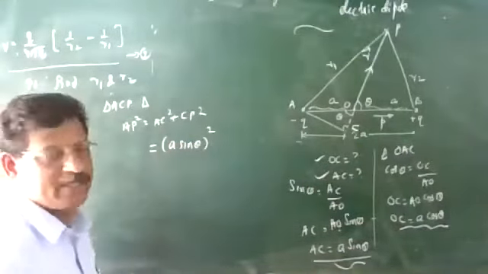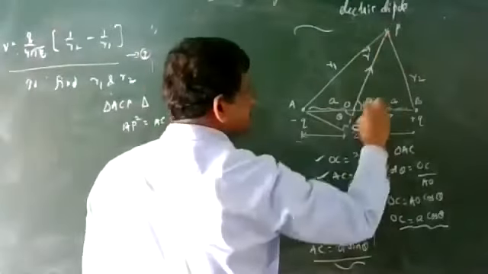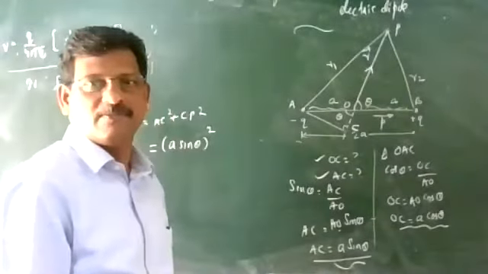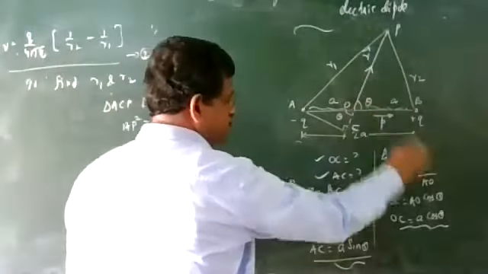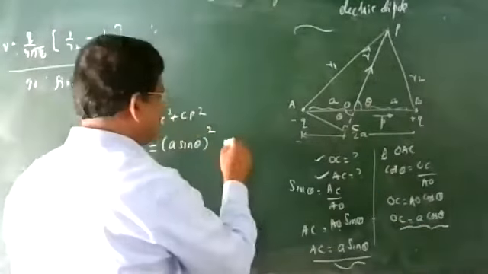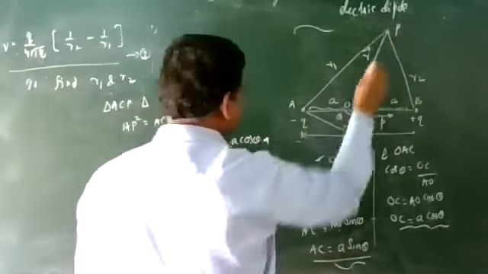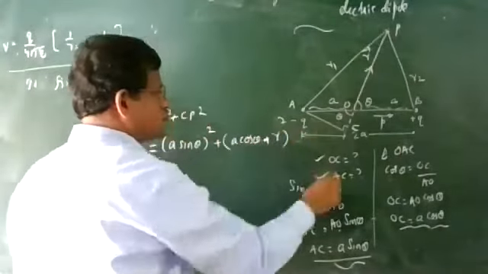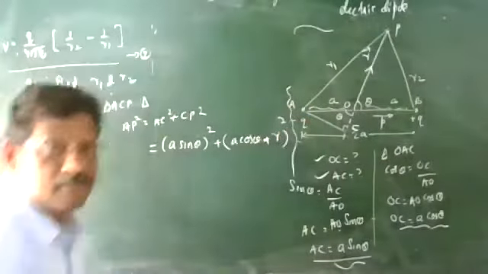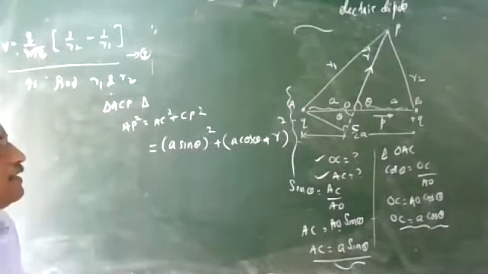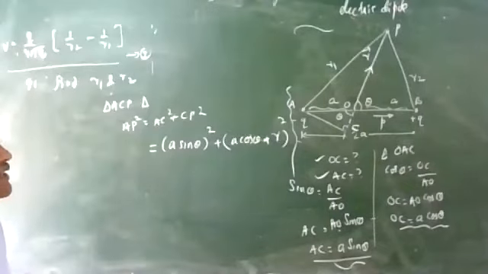What is CP square? CP, from here to here, is CO plus OP. CO is the same as a cos theta, and OP stands for R. So AC square is a square sin square theta, plus CP square, which is a cos theta plus R whole square.